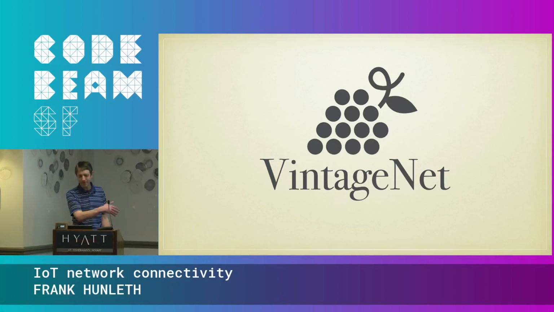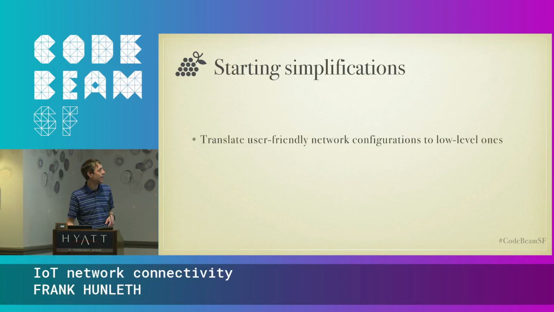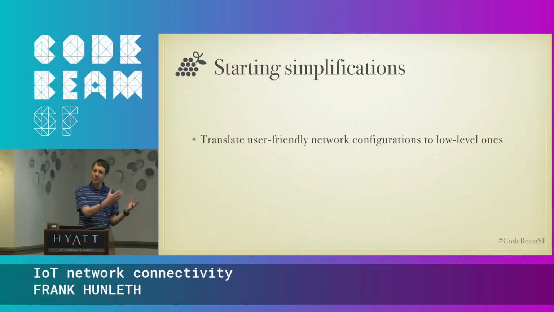So, all right, let's switch over to the main topic, which is what I wanted to tell all of you about, which is this new network stack called VintageNet. When we started this, we wanted to do some things different from Nerves networking. The main idea is we're going to take some user-friendly configurations in maps.